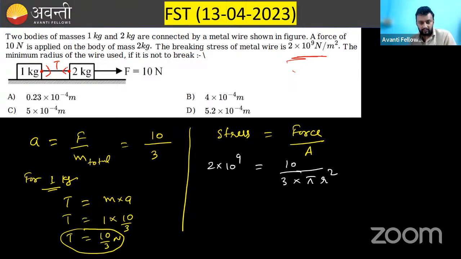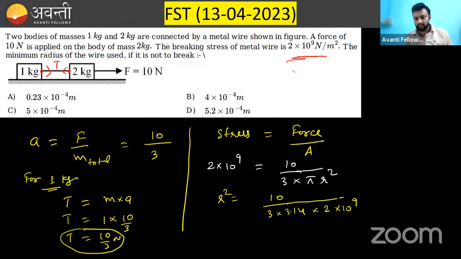If I solve it approximately, an approximation you can do here, R square will become 10 by 3 into 3.14, which is pi, divided by 2 into 10 raised to the power 9.